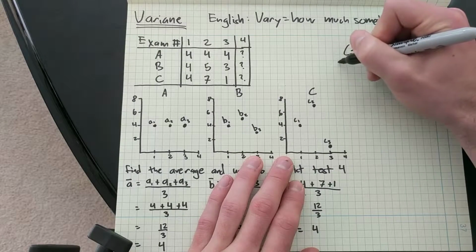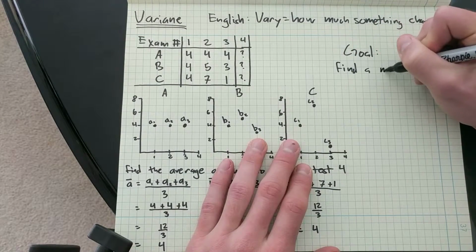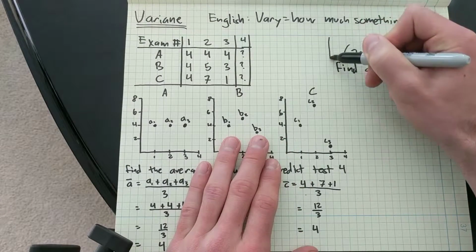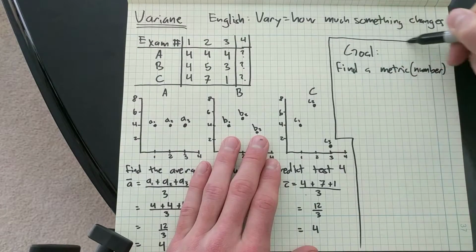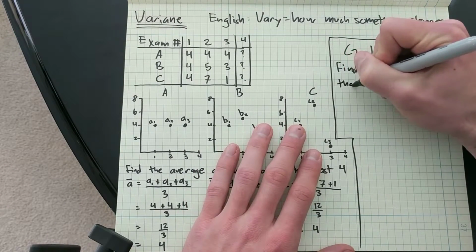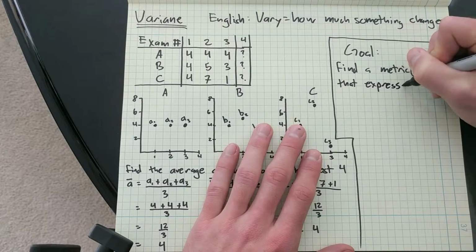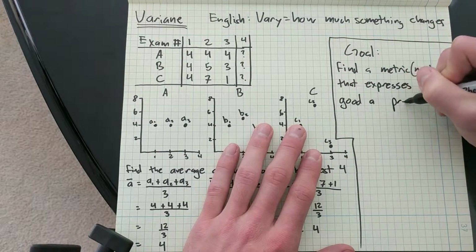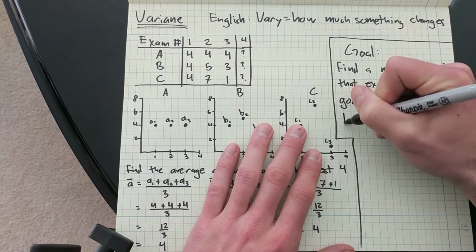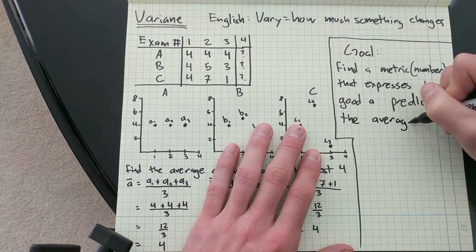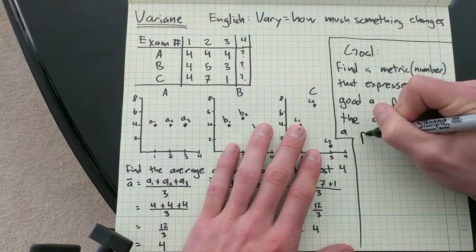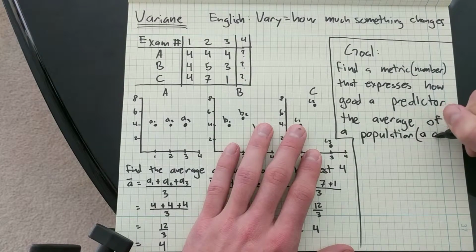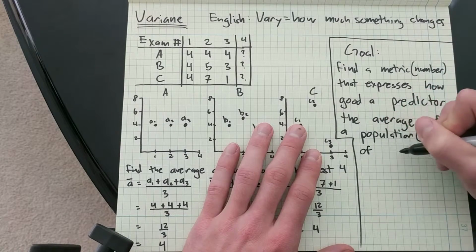Our goal is to find a metric, which just means a single number, that expresses how good a predictor the average of a population is, and population just means a group of numbers.